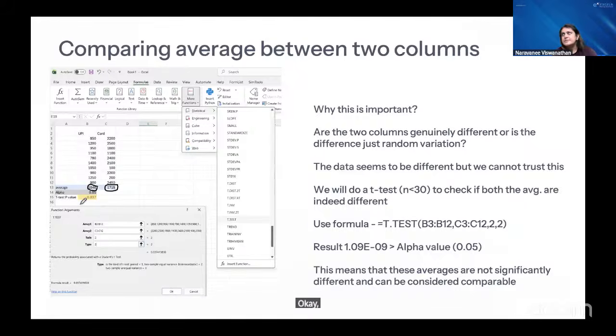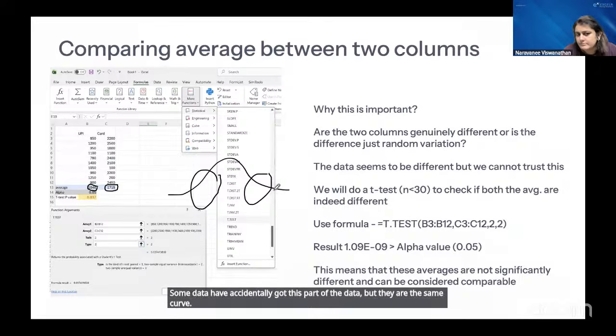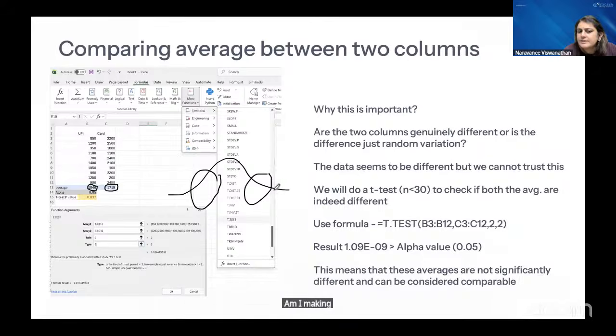Because these are independent data, right? So you have a normal distribution. It's possible that the UPI data, I accidentally have got this part of the data. The card data have accidentally got this part of the data, but they are the same curve. Am I making sense? This is what t-test is trying to say.